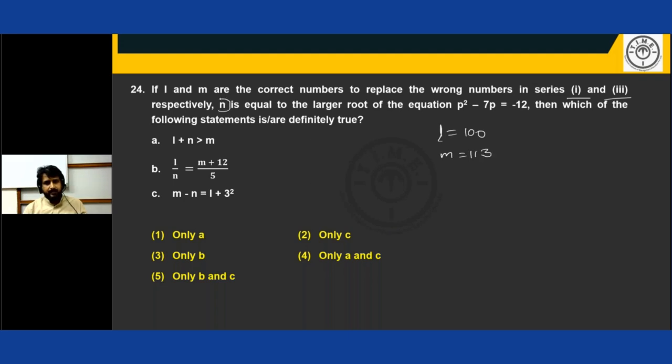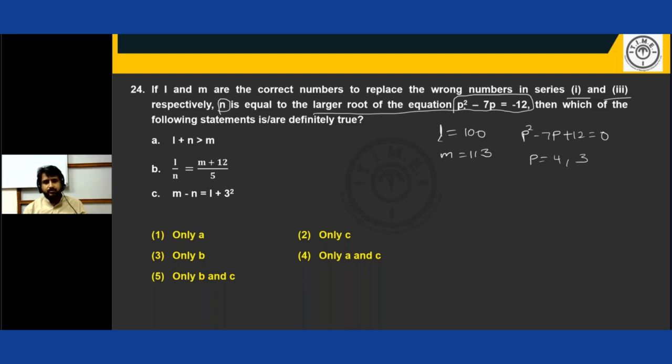And what is given? N is equal to the larger root of the equation p square minus 7p equal to minus 12. Right. What is this expression will be? P square minus 7p plus 12 equal to 0. So when you solve this expression, you will get the values of p are what? 4 and 3.